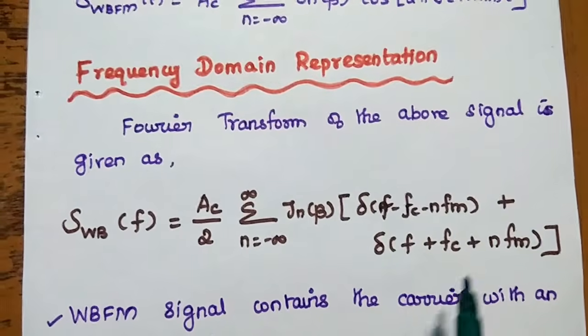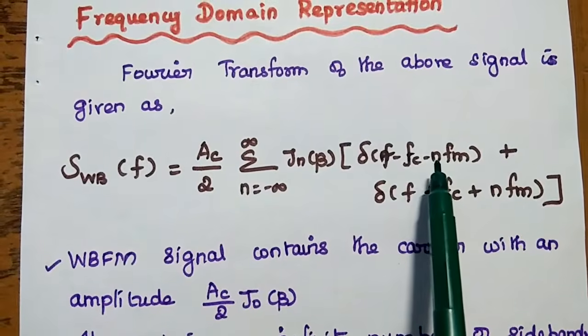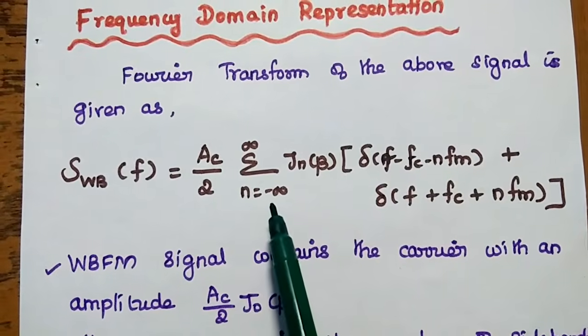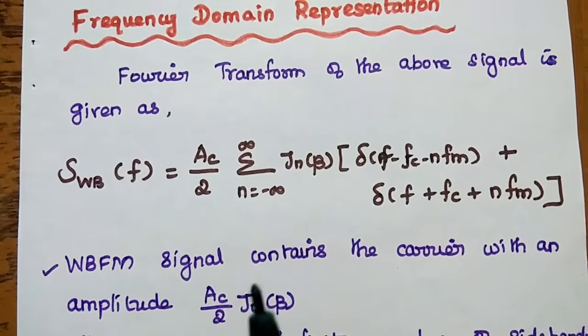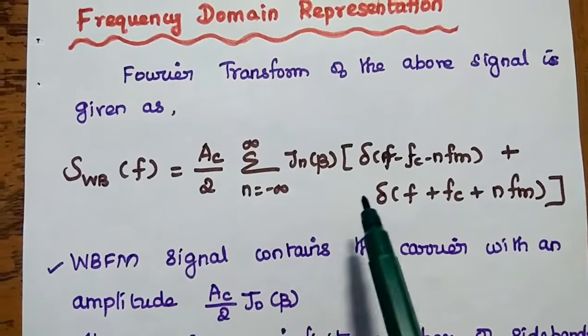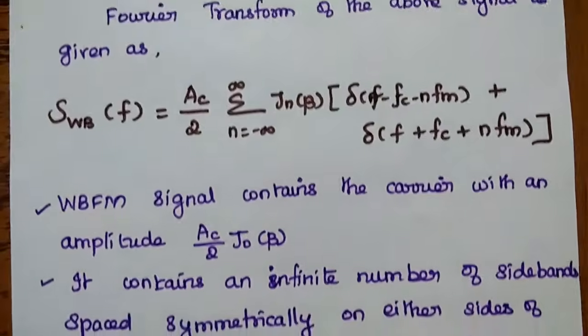Here we have not only two side bands, n number of side bands are there, right? N number of side bands means it extends from minus infinity to plus infinity. That's why we name this wide bandwidth. Wide bandwidth means here the bandwidth is literally infinite.